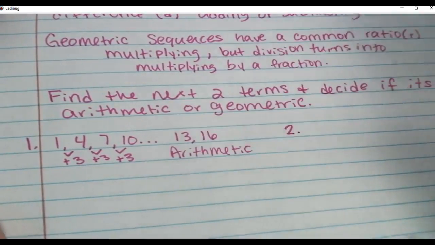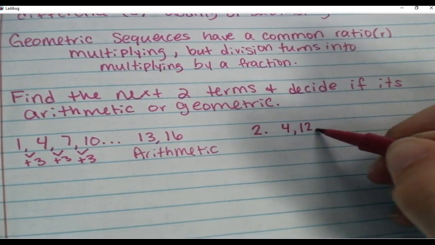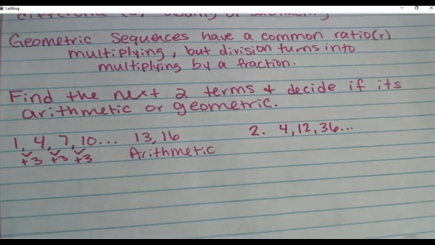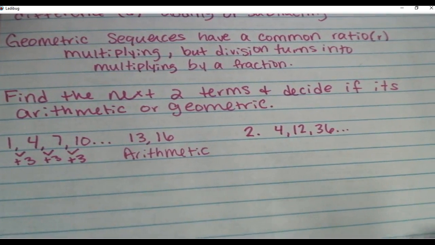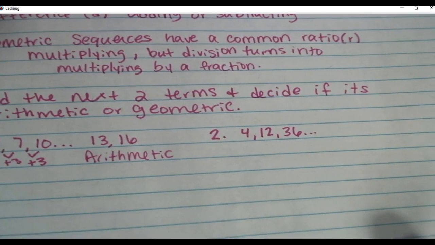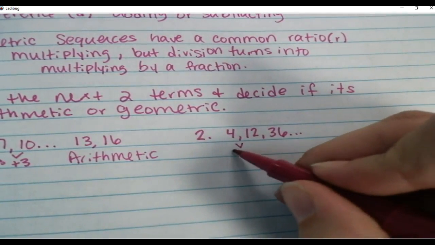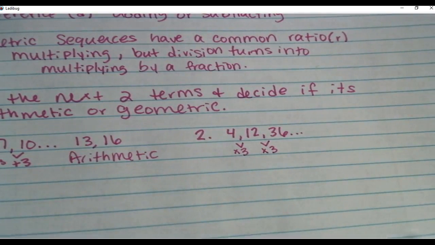Alright, let's say we have this one: 4, 12, 36, etc. So what's happening each time? We're multiplying by 3. So then what would be the next two terms?